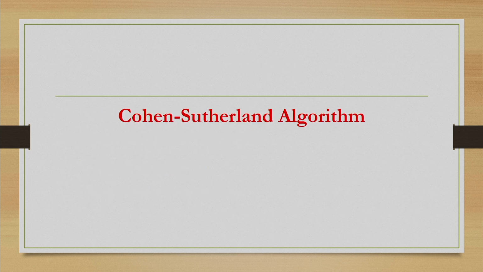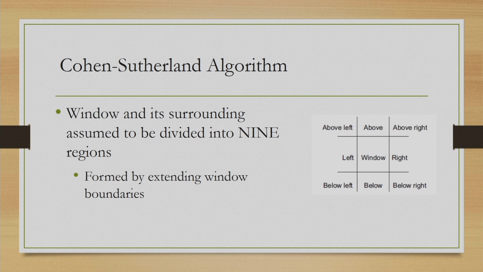One such solution is provided by an algorithm called the Cohen-Sutherland algorithm. Let us go through the steps of the algorithm. In this algorithm we assume a representation of the view plane. Here we assume that the window and its surrounding is divided into 9 regions as shown here.